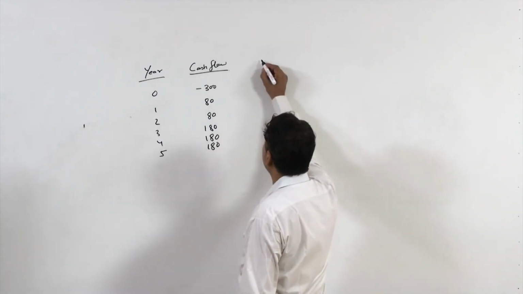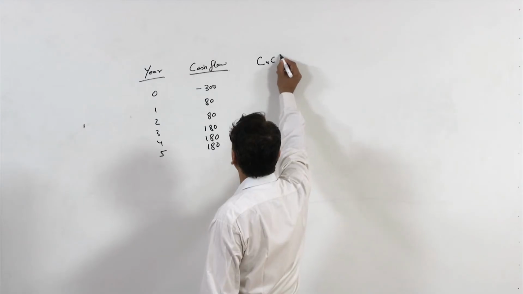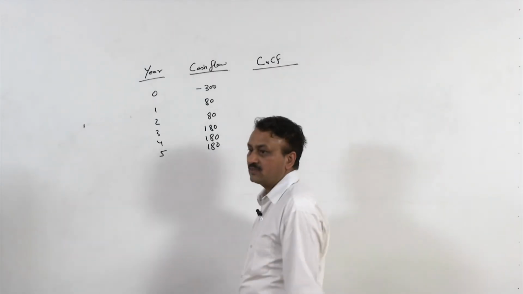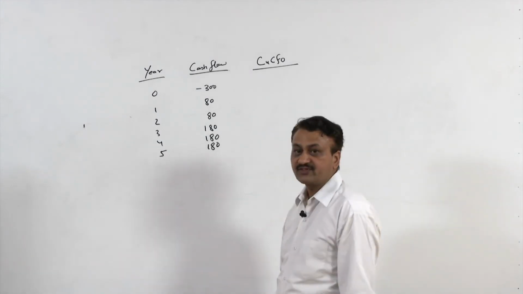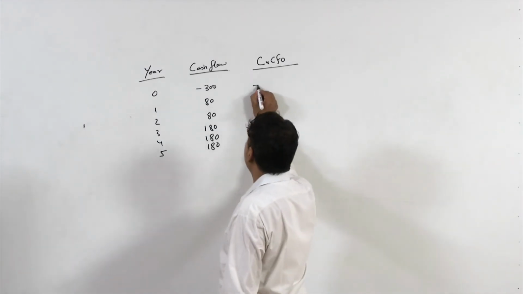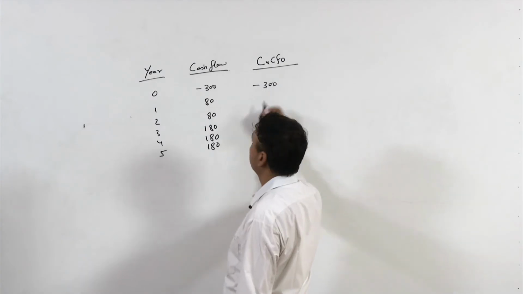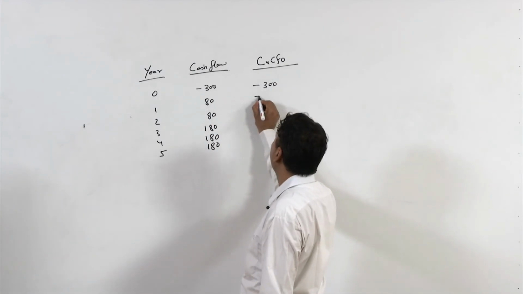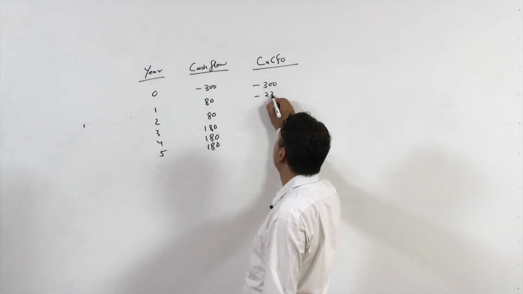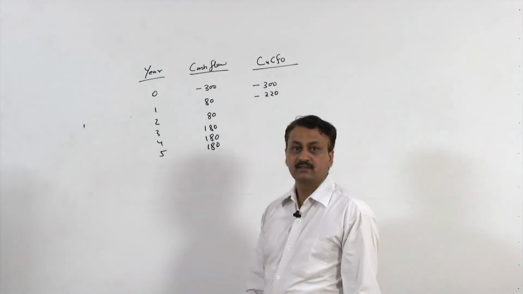Now, let us find out the cumulative cash flow. Cumulative cash flow is minus 300 plus 80, so this is minus 220.